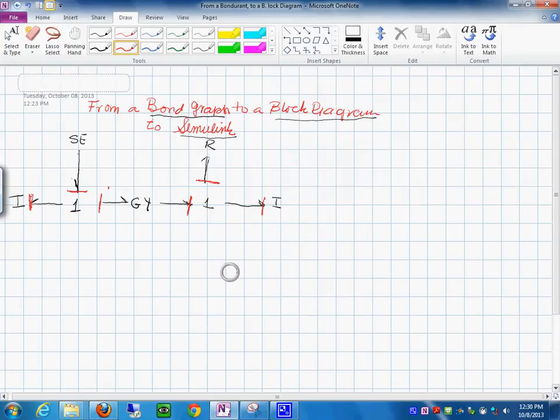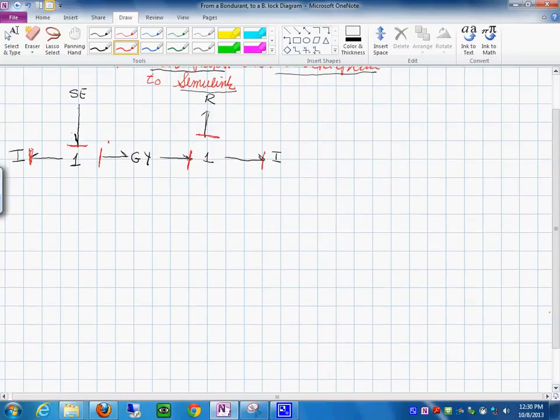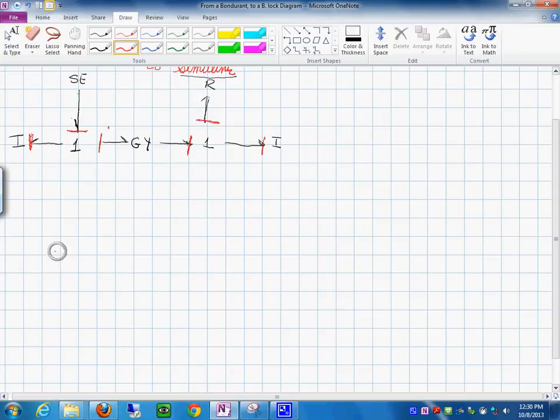Okay, so what we do to build the block diagram here is we are going to look at the individual constitutive relationships. Let's say that you have the source like this. We need to put some numbers first: 1, 2, 3, 4, 5, and then 6.